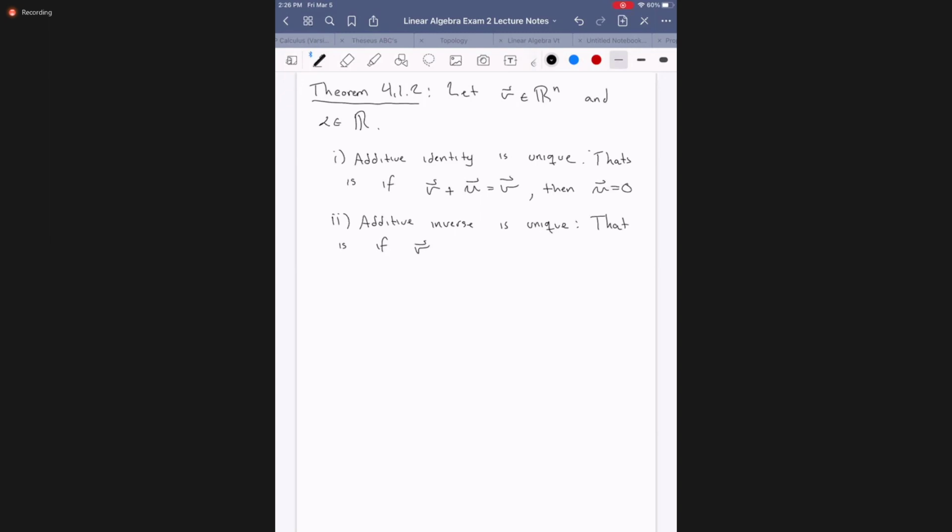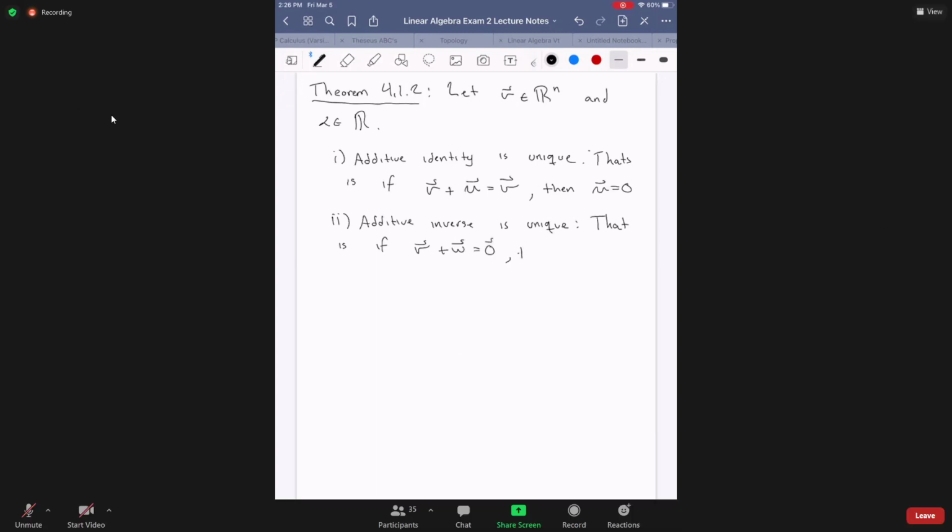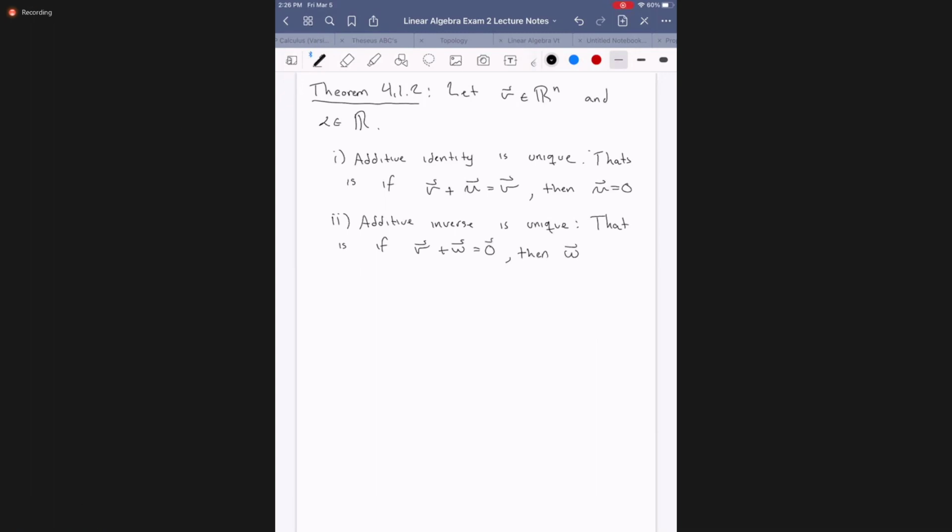If V was a vector, its additive inverse would be negative V, because V plus negative V gives me 0, right? What this is saying is that the only additive inverse for V has to be negative V. There is no other such vector. So if V plus W is equal to 0, then W has to be minus V, okay?